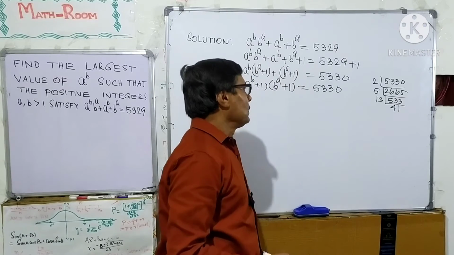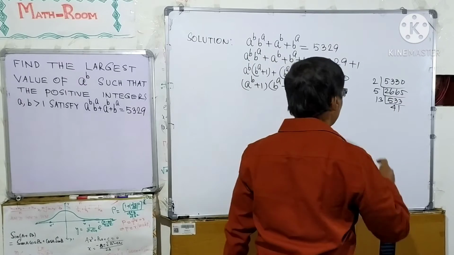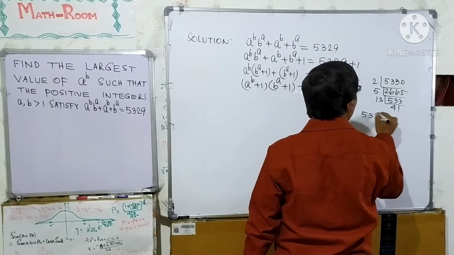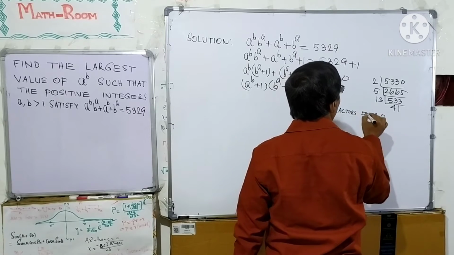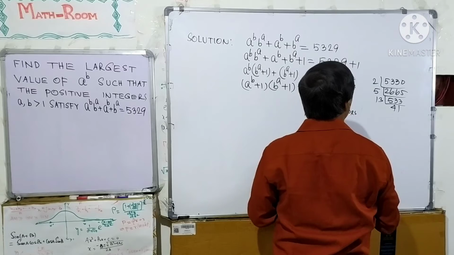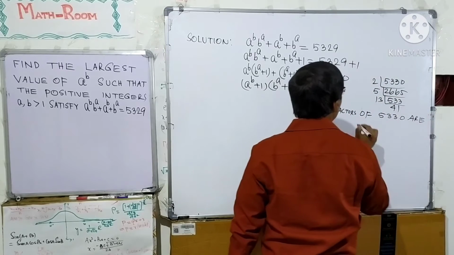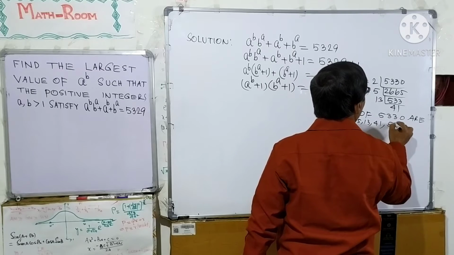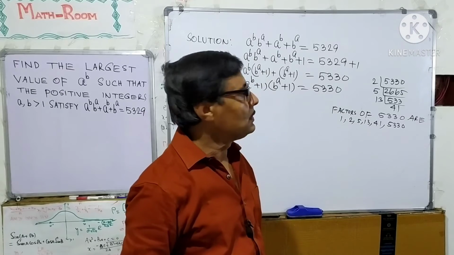And also we can include the number 1 and the number 5330 itself. The factors of 5330 are 1, 2, 5, 13, 41 and the number itself, 5330.